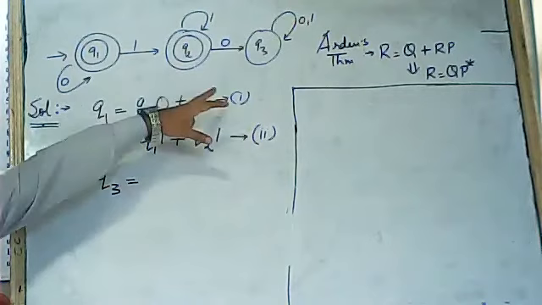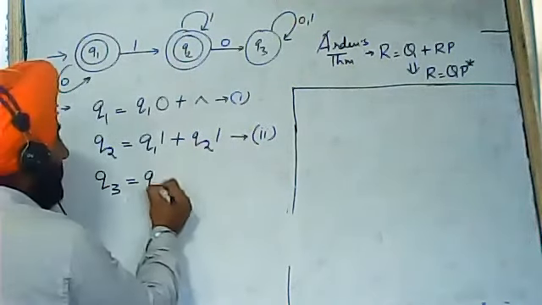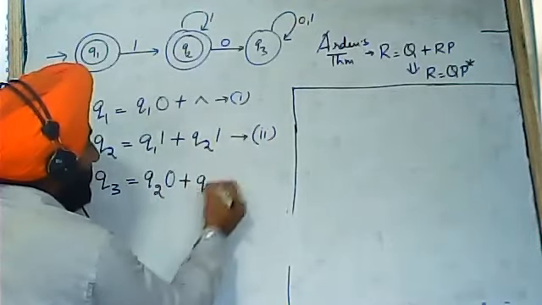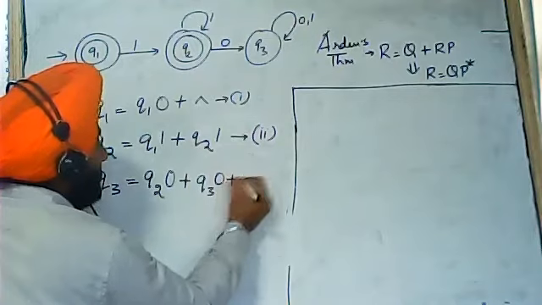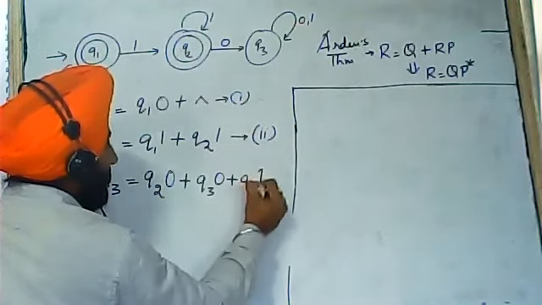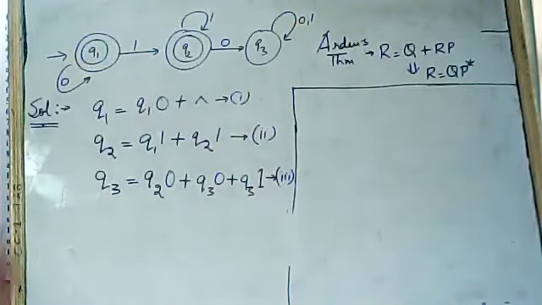So 3 incoming arrows are there. The one is from Q2. So here you need to write Q2 0 plus Q3 0 plus Q3 1. So mark this equation as number 3, right?